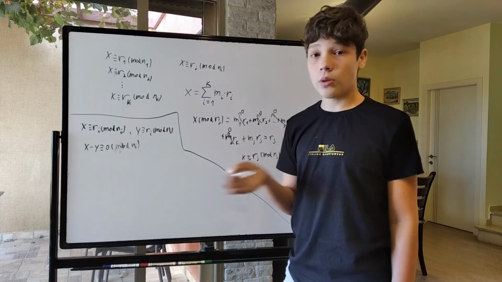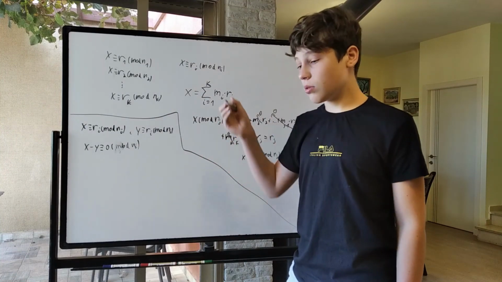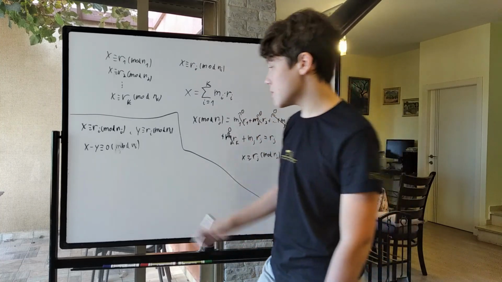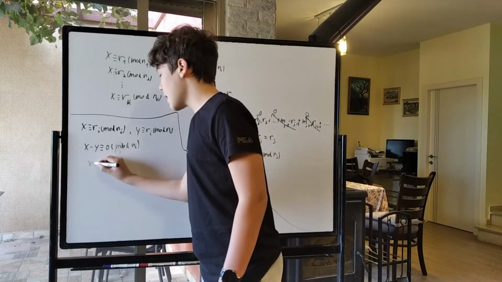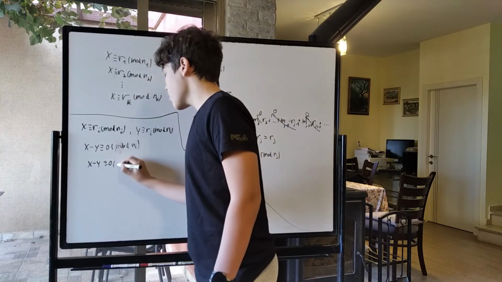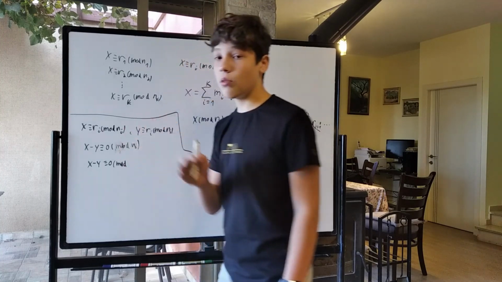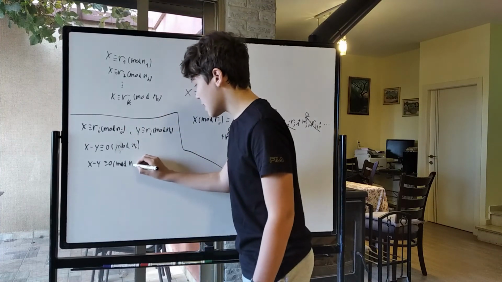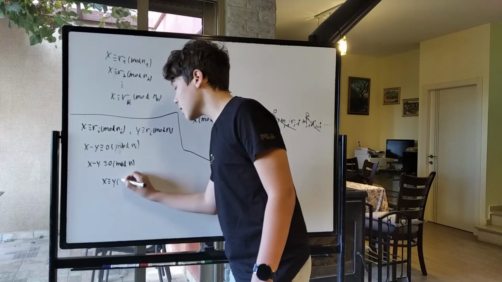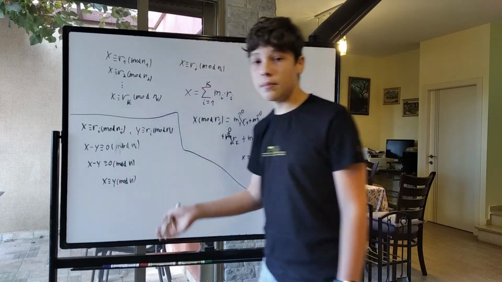And because all of those numbers n1, n2, and so on until nk are co-prime in couples, we can multiply them all to get that x minus y is congruent to 0 mod the product of n1 up until nk, which is n. Meaning that x is congruent to y mod n.